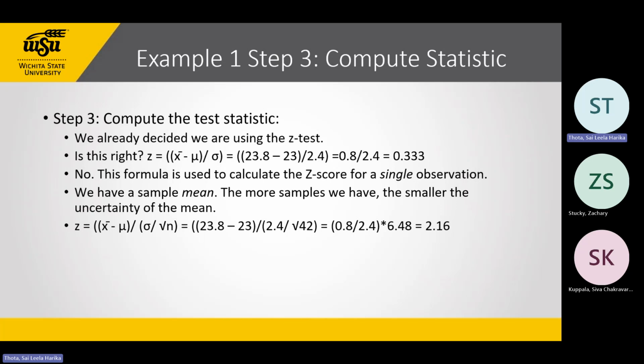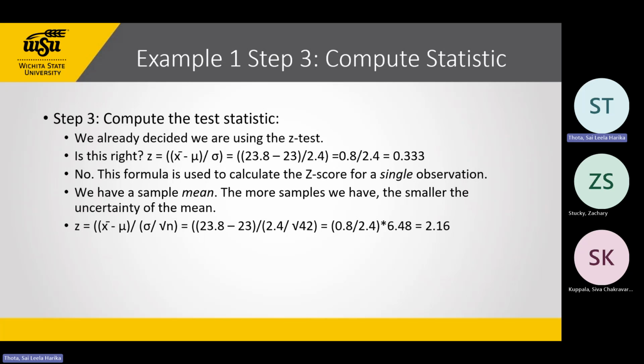That is the formula to calculate the Z. The mean age of the students that we consider is 23.8, so x bar is 23.8, and the mean of the sample that we consider is 23, and the standard deviation is 2.4, and that is the value that we got, 0.333. So we substitute all the values in the Z formula and we will get that value. This formula is used to calculate the Z score.